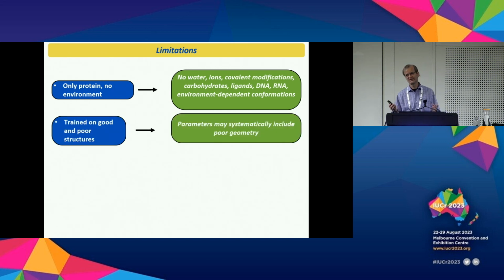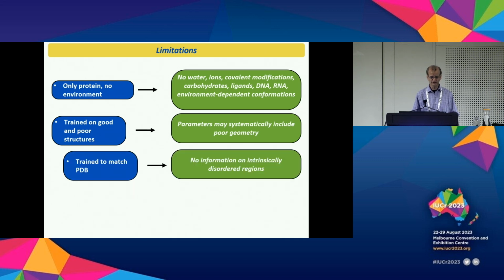So this is an easy limitation to get around. AlphaFold, they just took everything better than 9 angstroms and just threw it in there. So there may be some things that are systematically wrong because they didn't include just the good ones, or the good parts. And it's trained to match the PDB. So the right answer for an AlphaFold prediction is what would get deposited in the PDB if somebody solved this structure.